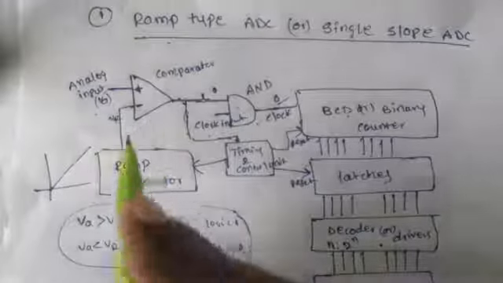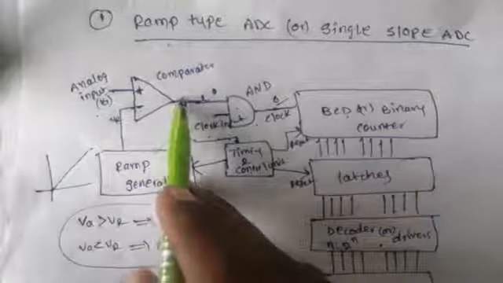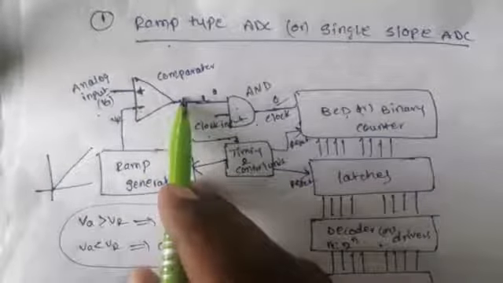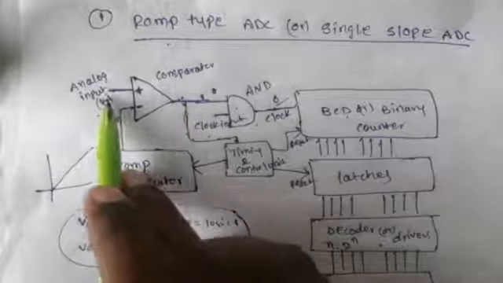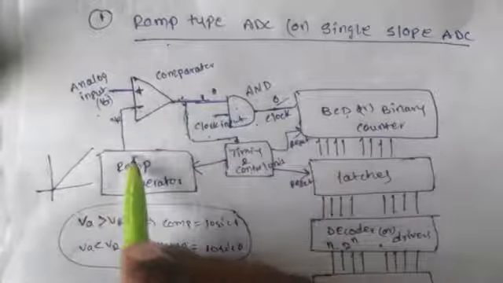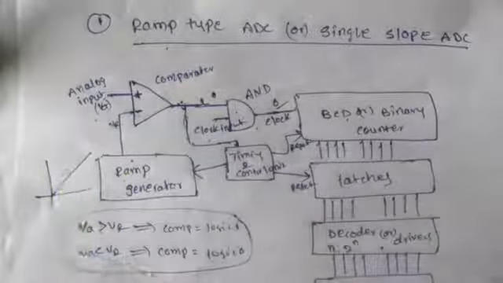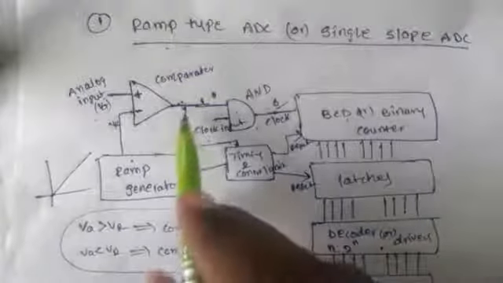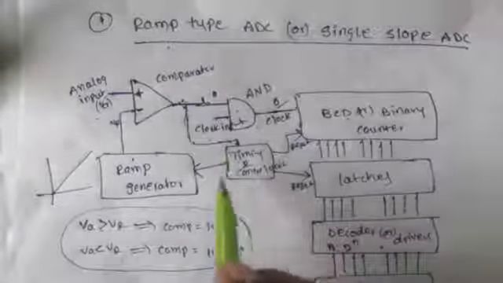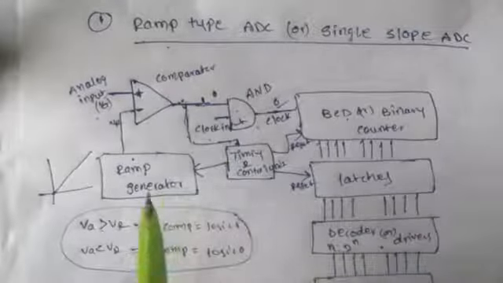And when the comparator output is 0, it means the analog input voltage has been exceeded by the reference voltage. This means the ramp generator will start generating the signal. That will be indicated by this timing and control unit to the ramp generator.